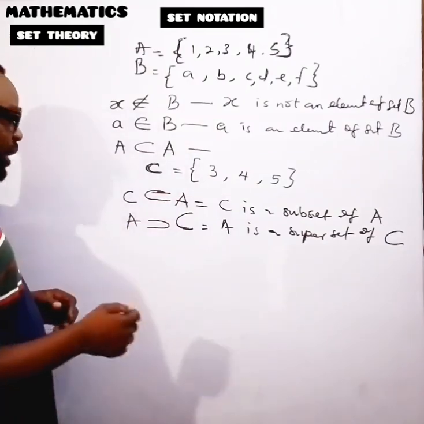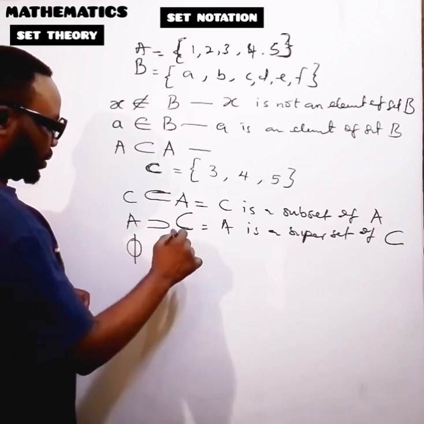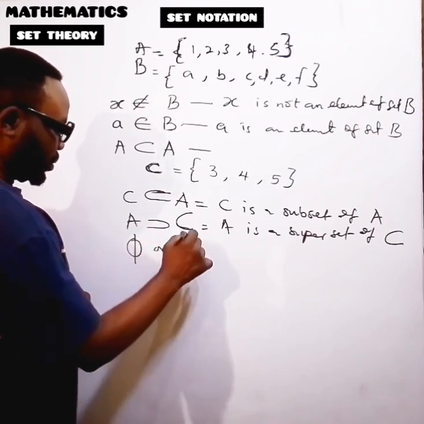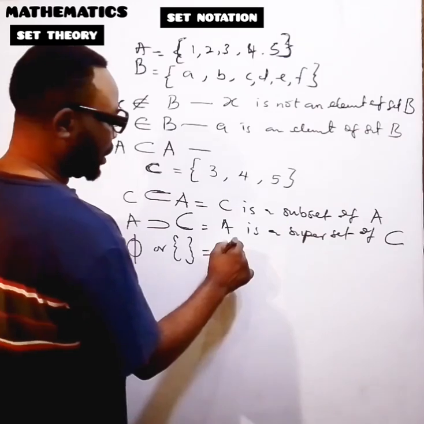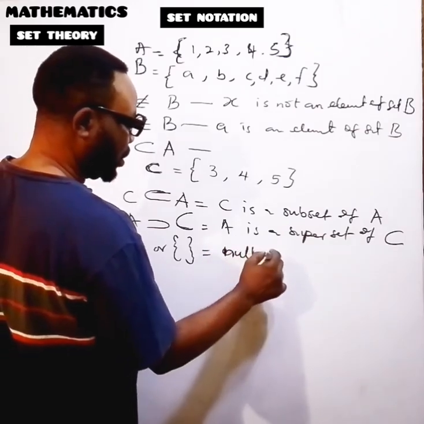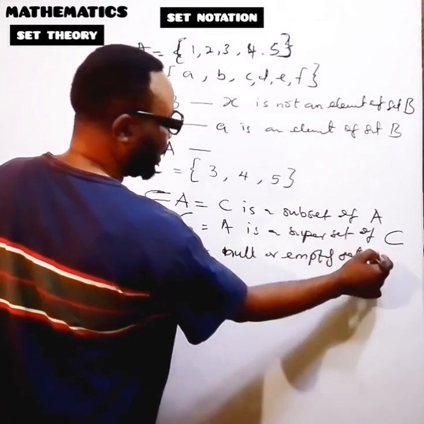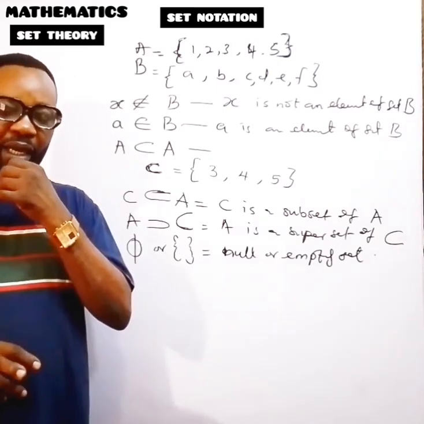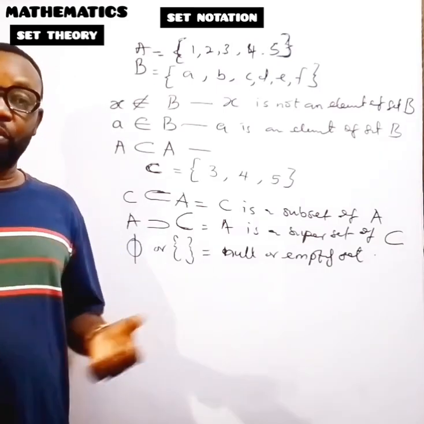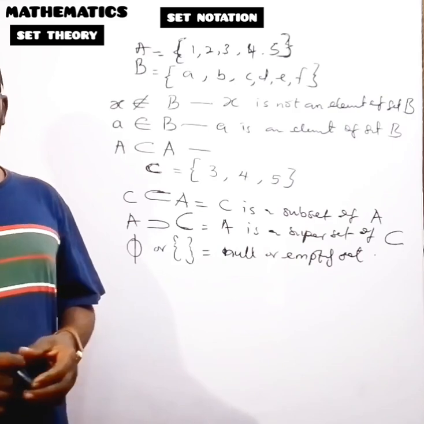Now, if I have this, this is what we call a null or empty set. I think we have discussed what is meant by null and empty set earlier on, which means, for example, if I say a child born without a head, that is a null set.